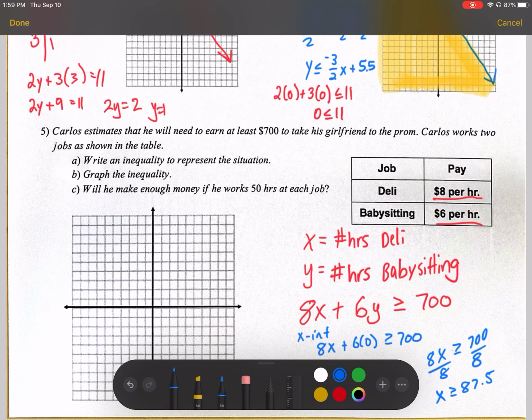So we have 87.5. Now, on our graph, we have really big numbers here, so we probably need to go by tens instead of ones.